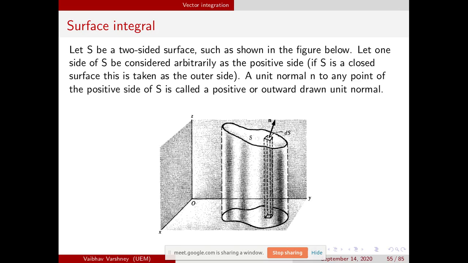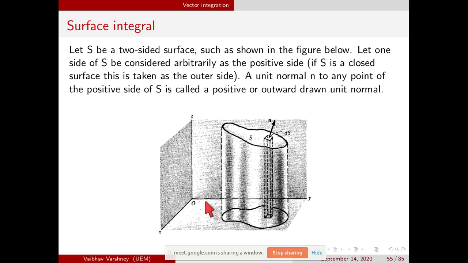See, the projection of ds on the xy plane. Just tell me one more thing. We all know that if we want to check the direction of any area, we just take the normal to that area.